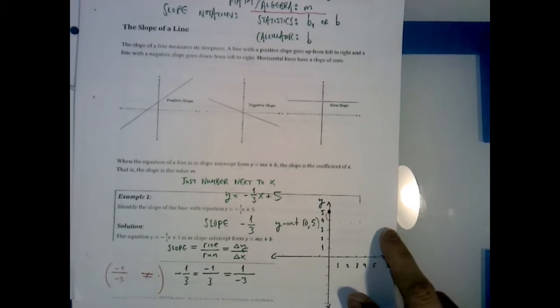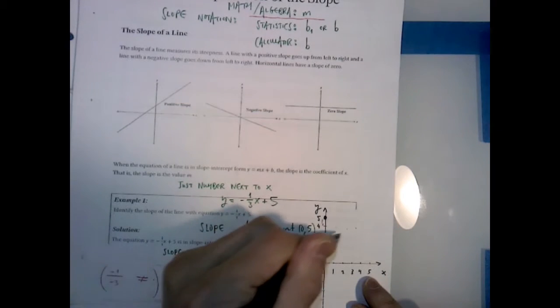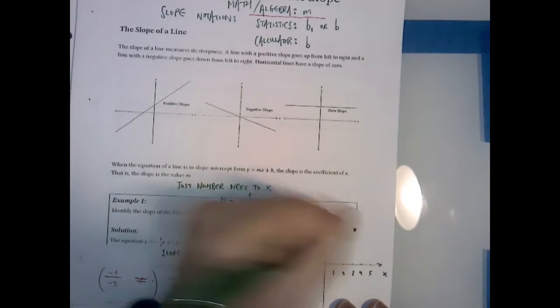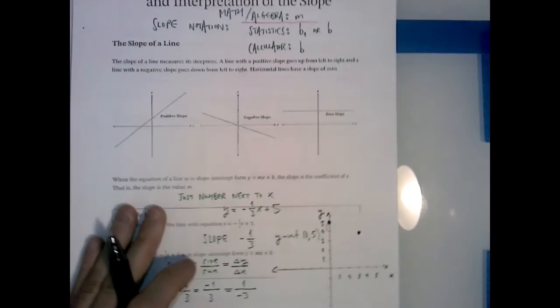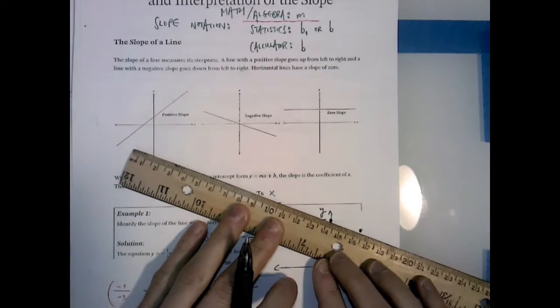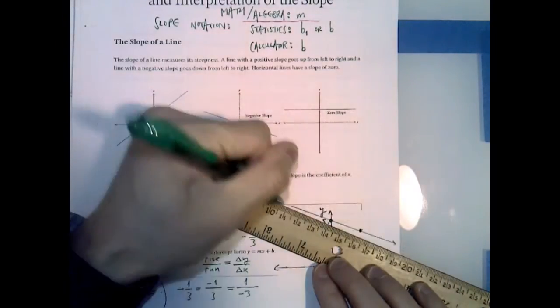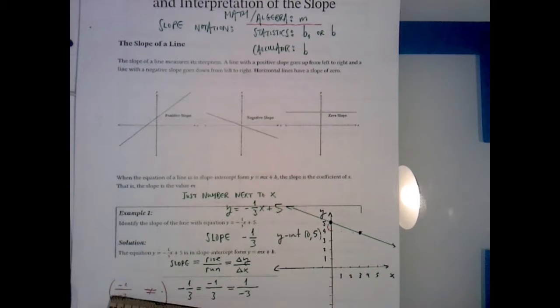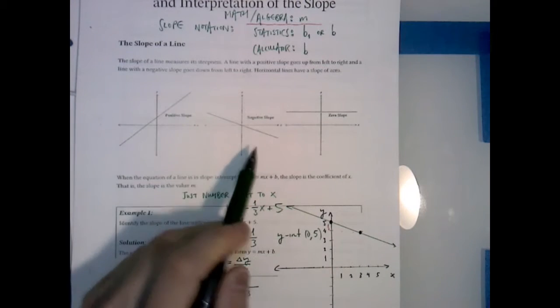And that gives us a point, about here. Once you have 2 points, which determine a line, you can now draw the line. This is kind of an awkward line to draw, just because it's all the way up here. But this is this line. It has a negative slope, so it's going down.